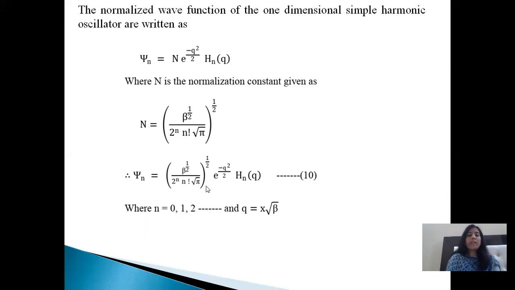When we put n equal to 0, here 2^0 and 0 factorial become equal to 1. So beta^(1/2) into 1/2 becomes beta^(1/4), pi^(1/2) into 1/2 becomes pi^(1/4). So psi_0 equals (beta/pi)^(1/4) e^(-q²/2).